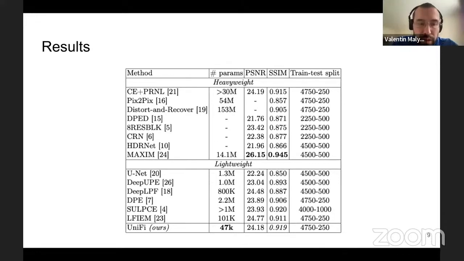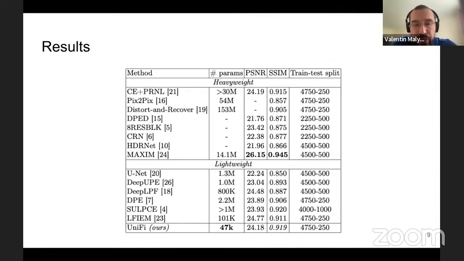It's a good question. I hope so. This will be a different split, of course, and hopefully we will get the same results, but we cannot compare it directly.